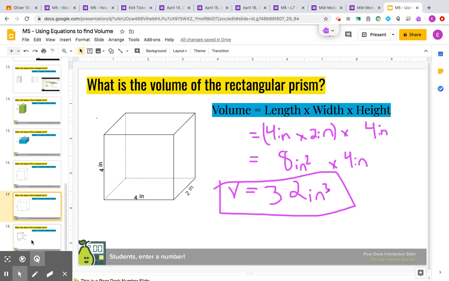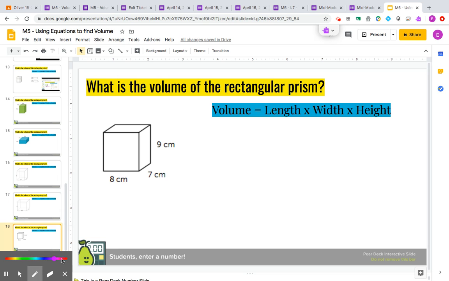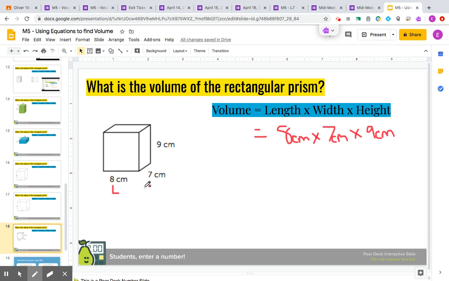Okay, let's look at this last one. Ugh, tricky numbers. These are all my worst multiplication tables, but that's okay. We have strategies to solve. My length is 8 centimeters in the front. My width is 7 centimeters deep, and my height is 9 centimeters. That length, that width, that height.